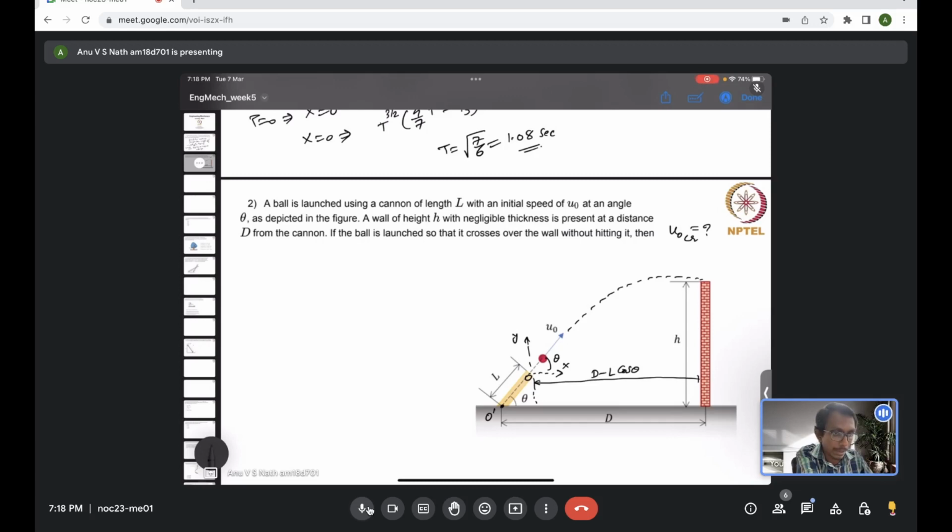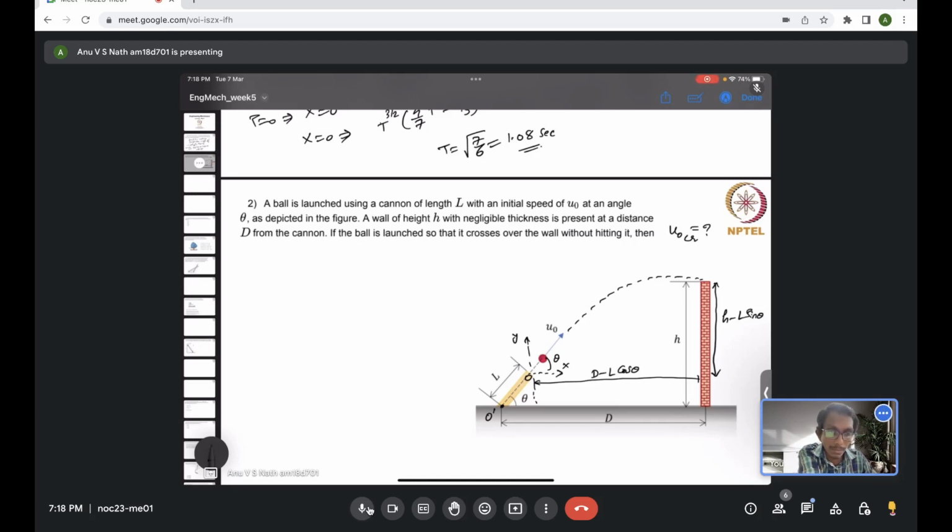That is the horizontal distance it traveled when it reached the wall. Similarly, in the vertical direction, it has traveled a distance which is not exactly h, rather it's h minus the projection of L in the vertical direction. It's L sin theta. Is that clear? Any doubt here?